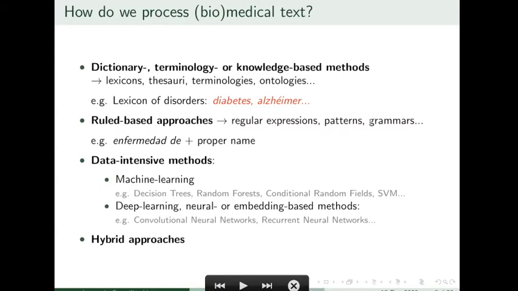In the example given, the pattern enfermedad de followed by a proper name could recognize terms such as enfermedad de Alzheimer, enfermedad de Addison, etc. Third, data-intensive methods rely on large volumes of data for machine learning or deep learning algorithms to learn from this data and predict new labels or categories. The combination of methods into hybrid approaches provides certainly fine results.